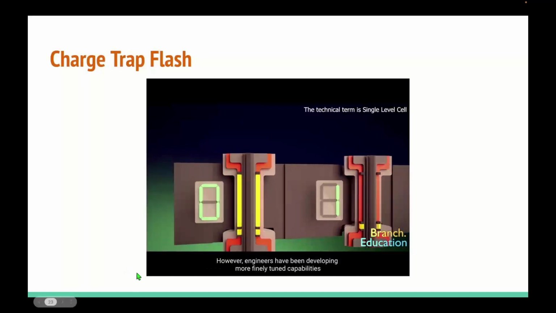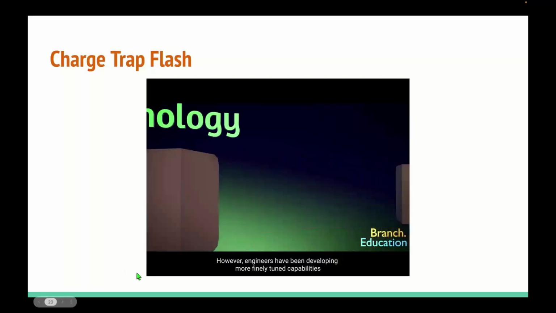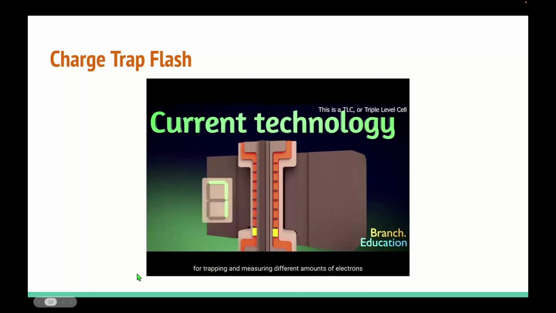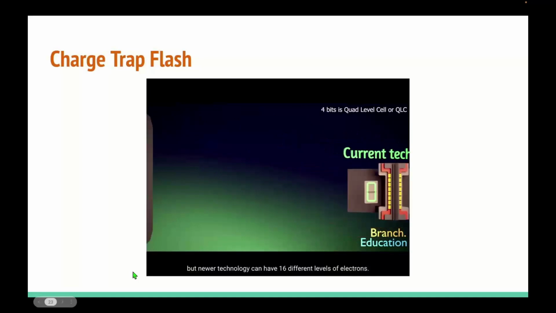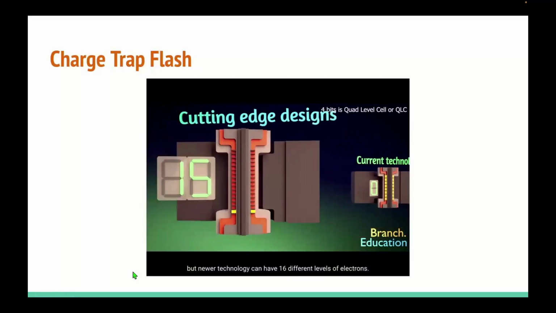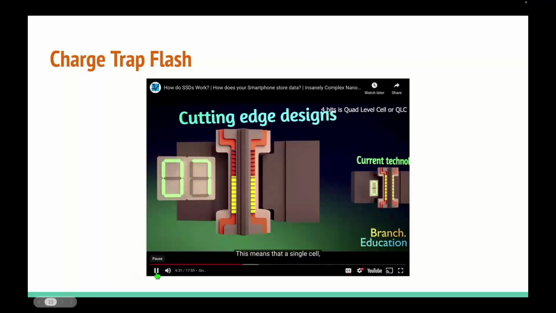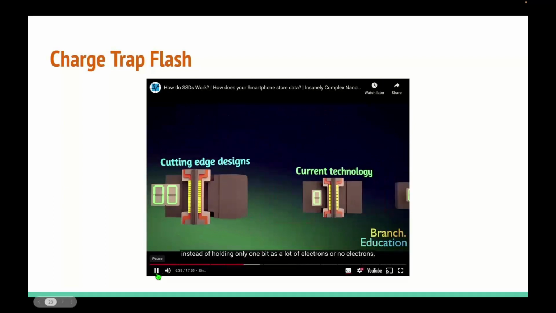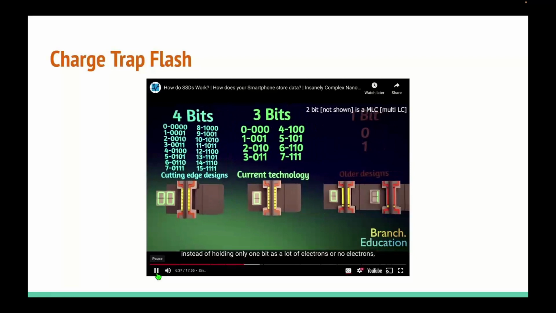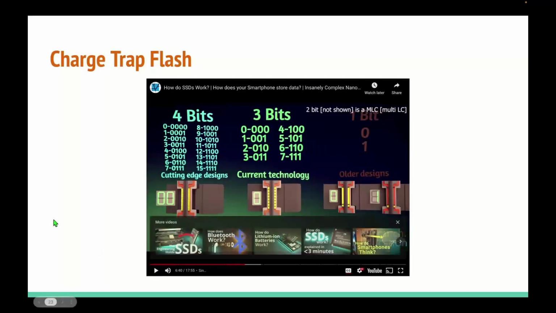However, engineers have been developing more finely tuned capabilities for trapping and measuring different amounts of electrons or charges onto the charge trap. Most memory cells in 2020 can hold 8 different levels, but newer technology can have 16 different levels of electrons. This means that a single cell, instead of holding only 1 bit as a lot of electrons or no electrons, can now hold 3 or more bits.